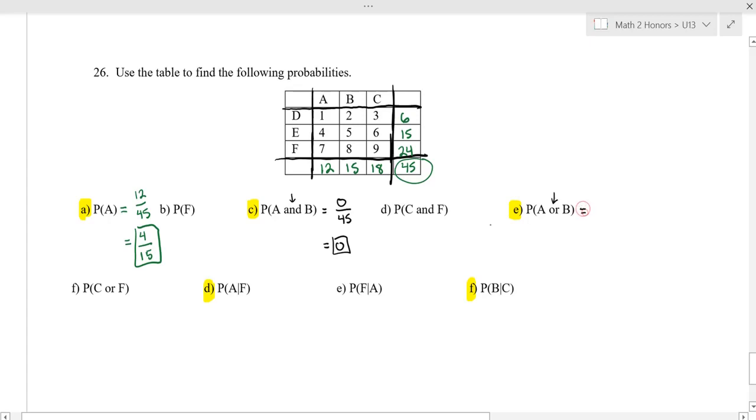And so I have 12 that belong to A. I have 15 that belong to B. There's no overlap between the two, and it's all out of 45. So 12 plus 15 is 27 out of 45. I could divide by 3 and I get 9 out of 15.